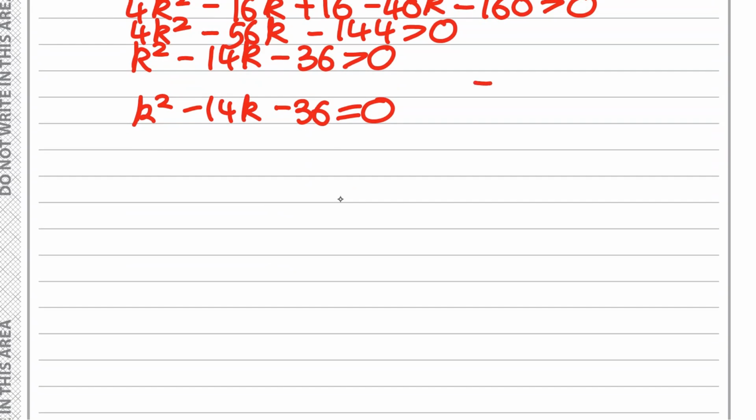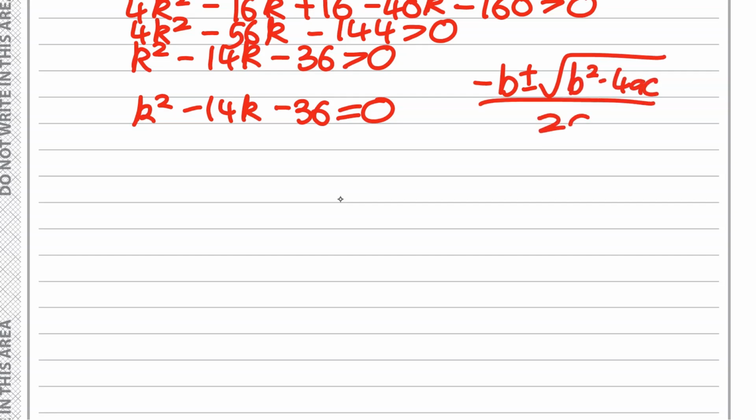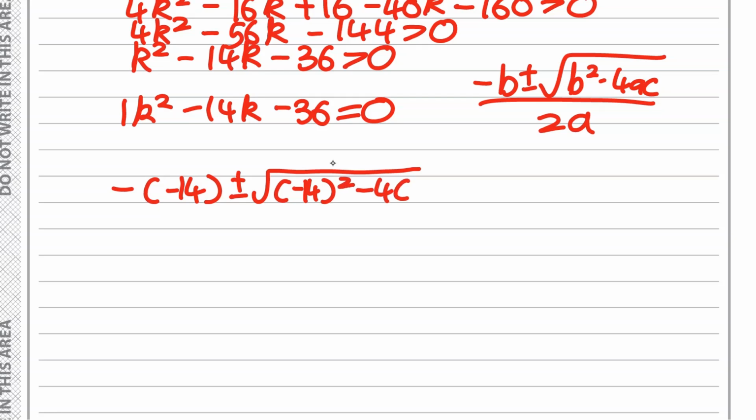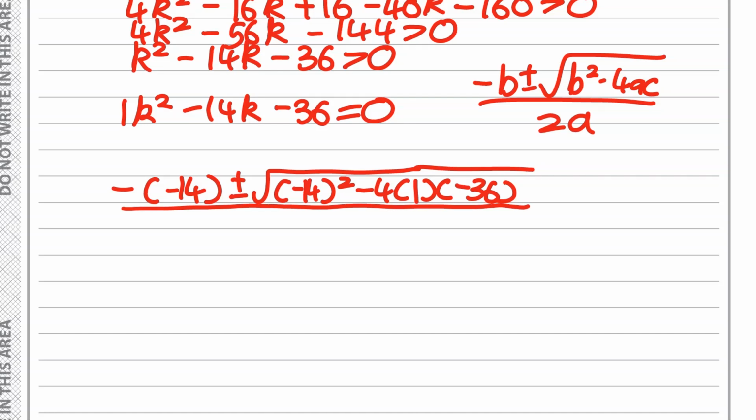Remember, the quadratic formula is minus b plus or minus the square root of b squared minus 4ac over 2a, where here a is 1, b is minus 14, and c is minus 36. So if we use this, it's going to be minus b, so it's going to be minus minus 14 plus or minus the square root of b squared, which is going to be minus 14 squared, minus 4a, which is 1, c, which is minus 36, and all of this is over 2a, so it's going to be 2 times 1, so this is what k is going to be equal to for this equation here.